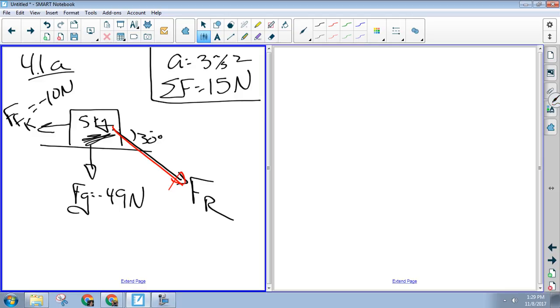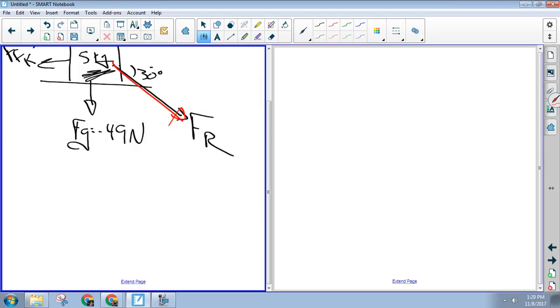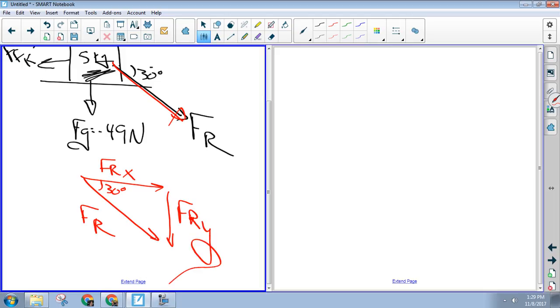Okay, so basically, I guess if you wanted, that would look like this. You'd say, all right, well, Roy is pushing this way with some force. That force is at 30 degrees below the horizontal, and so we're going to have an x component of Roy's force and a y component of Roy's force. Follow? Okie doke.